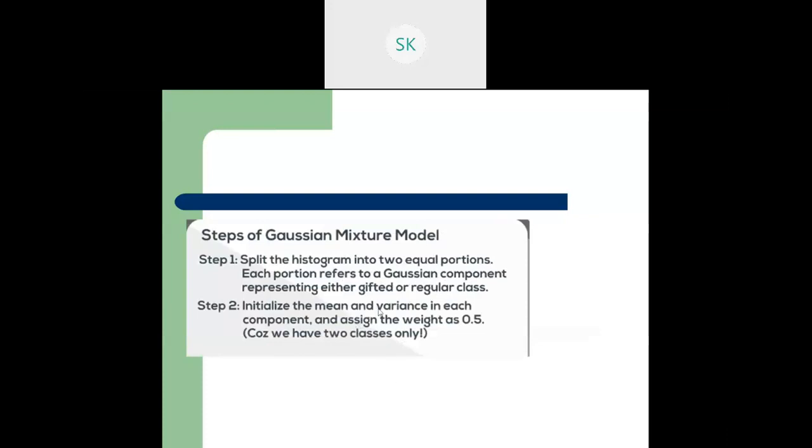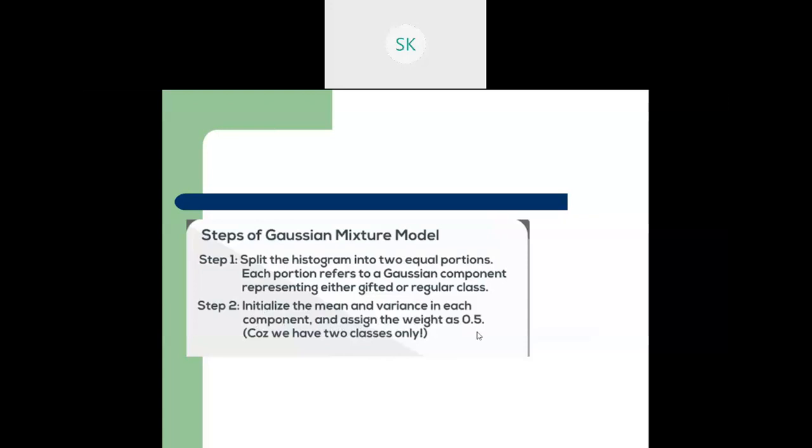Step 2: initialize the mean and variance in each component and assign the weights as 0.5, because we have only two classes.